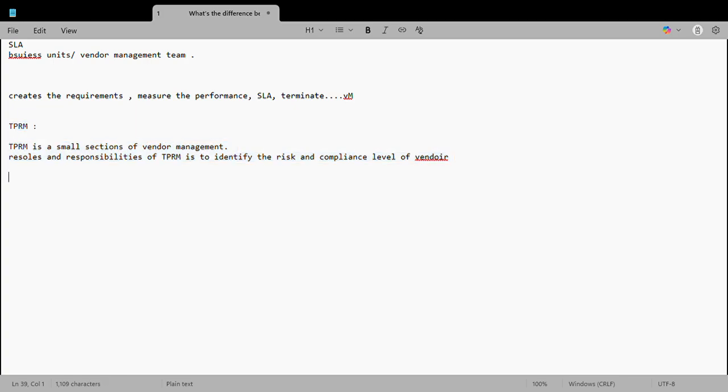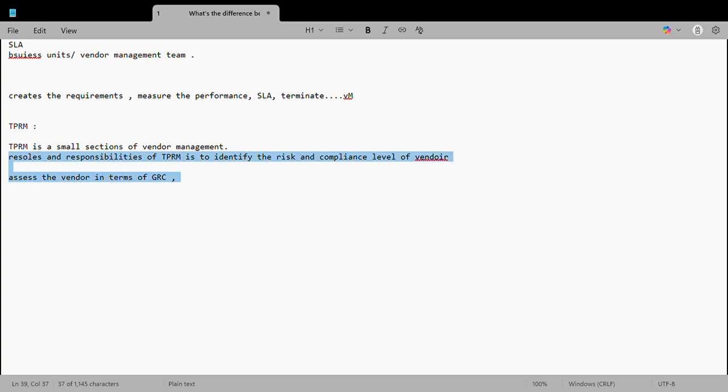So TPRM just assesses the vendor in terms of GRC. That means what is the posture of the vendor's GRC? How comfortable are they in managing the policies? What is the encryption level? What is the audit? What risk management are they doing? What business continuity management are they adhering to?